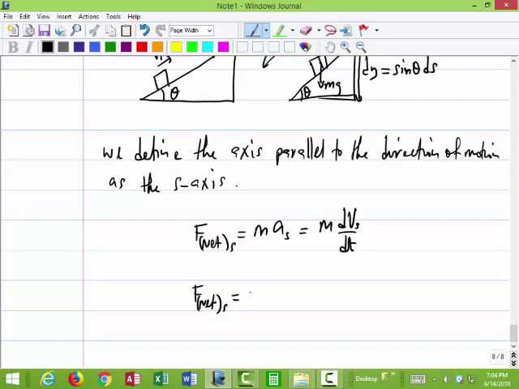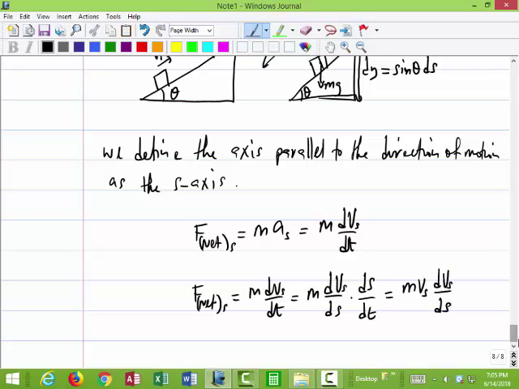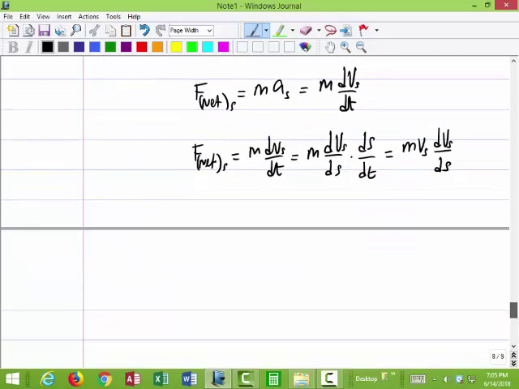So the net force along s can be written as m dv in the s direction dt, which can be written as m dv in the s direction ds times ds dt, which can then be written as m v in the s direction dv subscript s ds. Note that we've used v in the s direction, v subscript s, to be equal to ds dt.